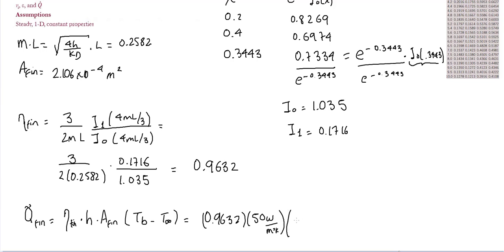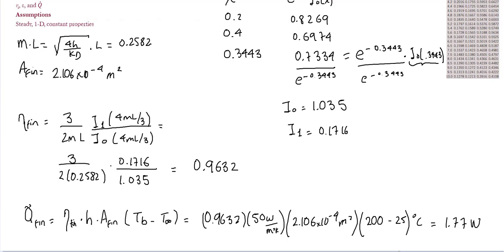The area of the fin was calculated to be 2.106 times 10 to the negative 4 meters square, and the change in temperature goes from 200 to 25 Celsius, and we calculate all this value, we get 1.77 watts.